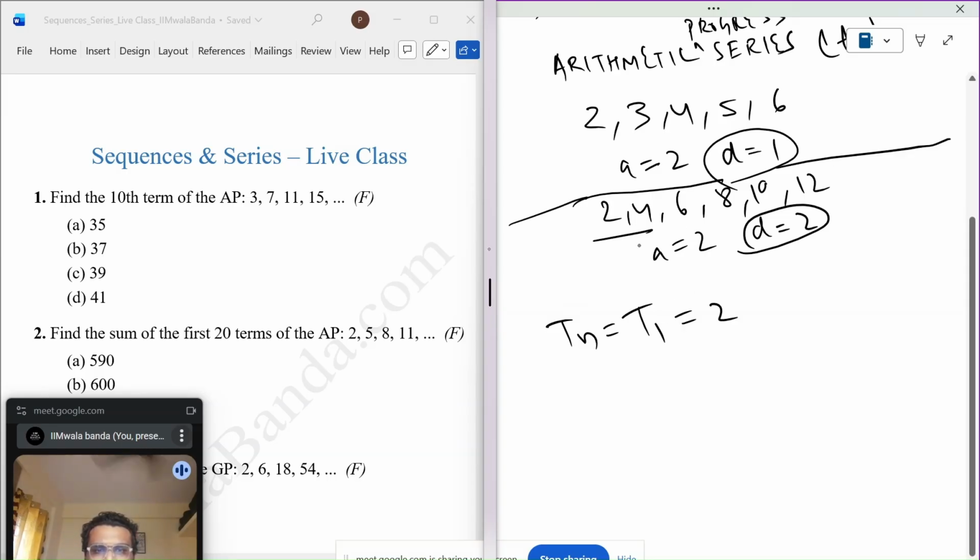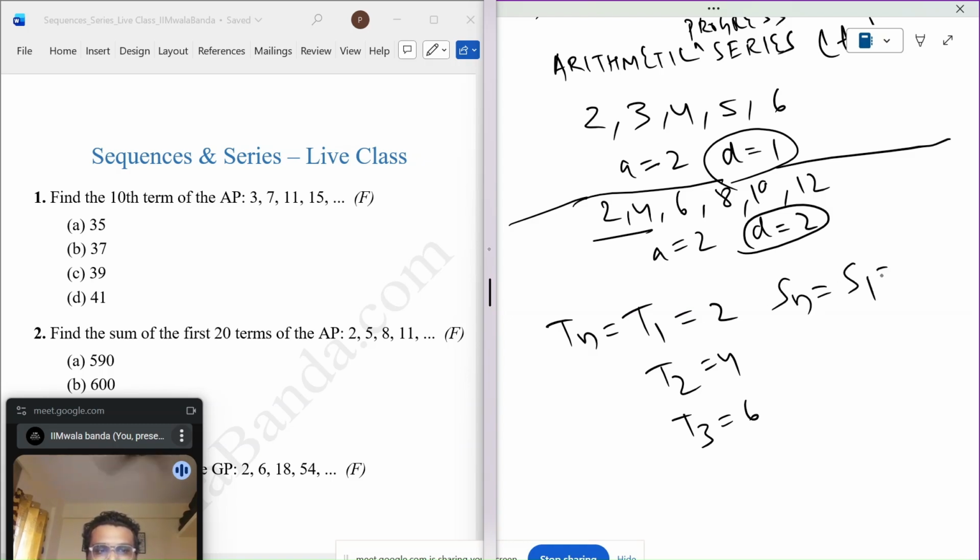So T1 will be 2, T2 will be 4, T3 will be 6. So this is basically how we denote any nth term. Similarly, sum up to n terms: S1 will be the sum of the first term, which is 2. S2 will be the sum of the first two terms, which is 2 plus 4, 6. Sum of the first three terms is 2 plus 4 plus 6, which is in this case 12, and so on.